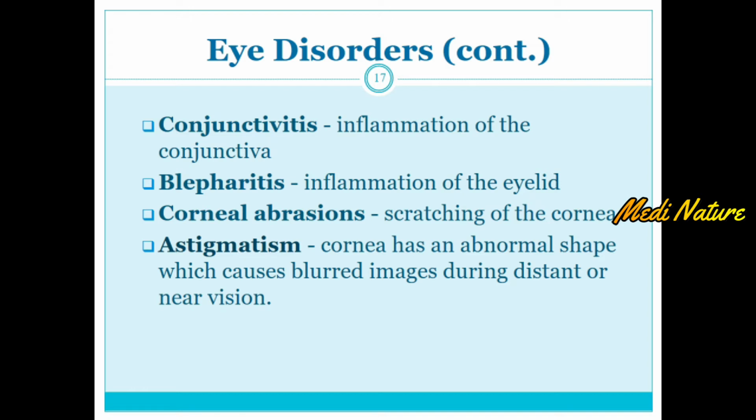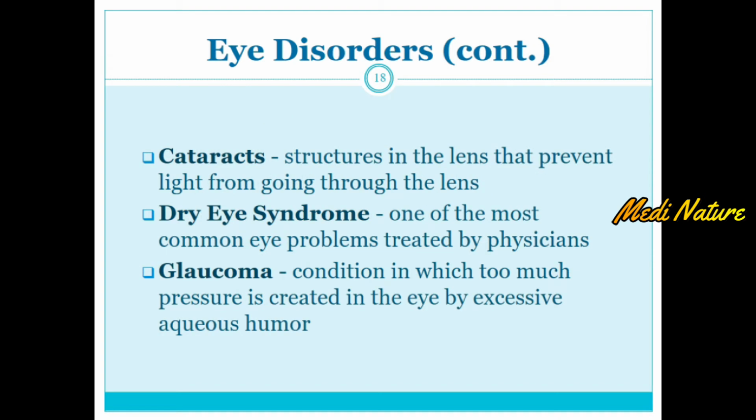Astigmatism is the condition in which the cornea has an abnormal shape, which causes blurred images during distance or near vision. Cataracts are clouded structures in the lens which prevent light from going through the lens. And another condition, dry eye syndrome, is one of the most common eye problems treated by physicians.